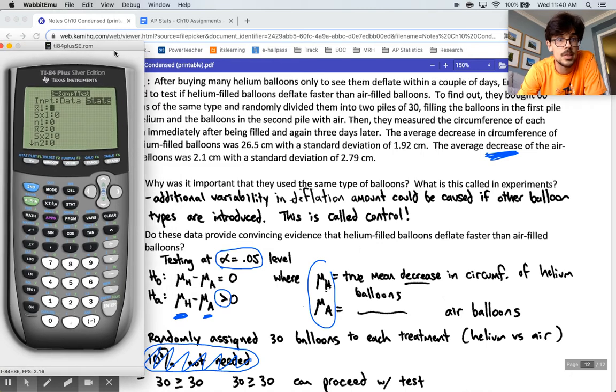My first parameter is the helium. That had a decrease of 26.5 and a standard deviation of 1.92. There were 30 of those. And in my second group, I had a 2.1 and a 2.79 standard deviation, also sample size 30.